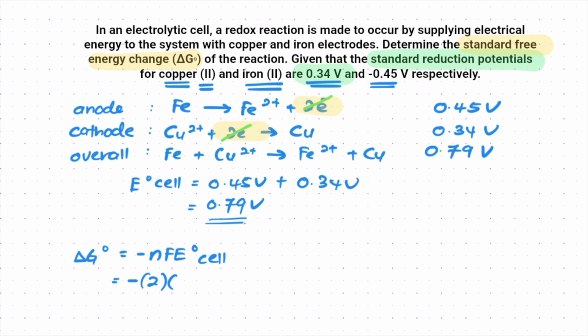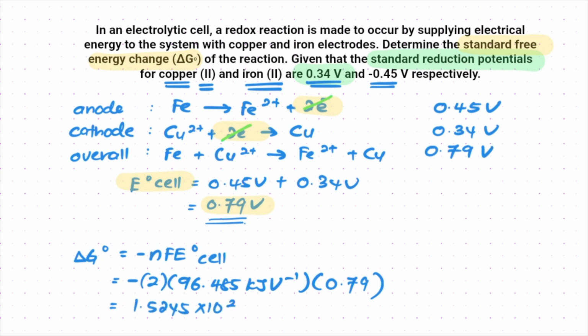This is a constant value, so you need to remember the value of F. It's 96.485 kilojoule per volt. And then the cell potential is the one that you have just calculated, so you just have to plug in that value, 0.79. Therefore, you will get your delta G naught is equivalent to 1.5245 times 10 to the power of 2 kilojoule. So this is the final answer for the second question.